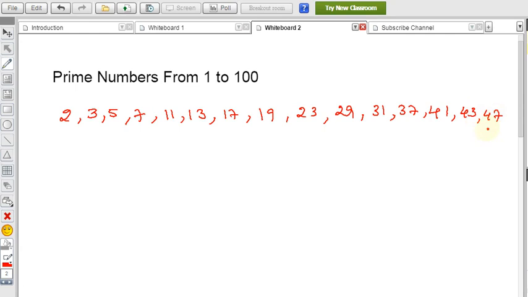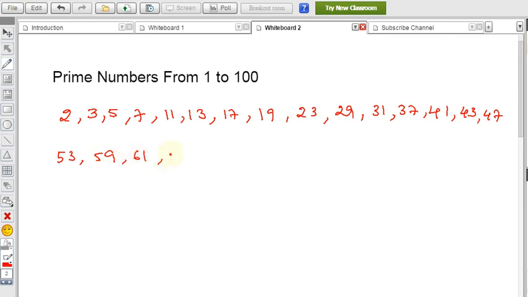Again 48 is divisible by 2. 49 is 7 times 7. Again 50 is also divisible by 2. 51 is divisible by 3. 52 is not. Next 53. 53, then 59.